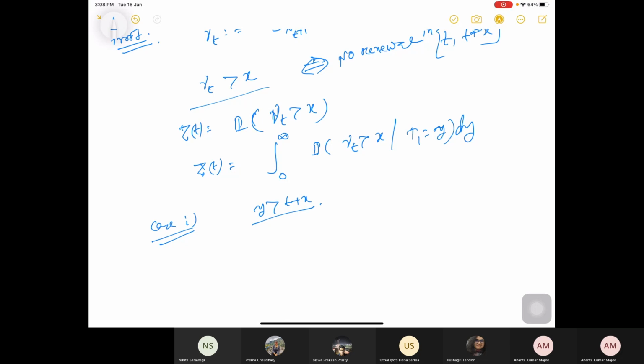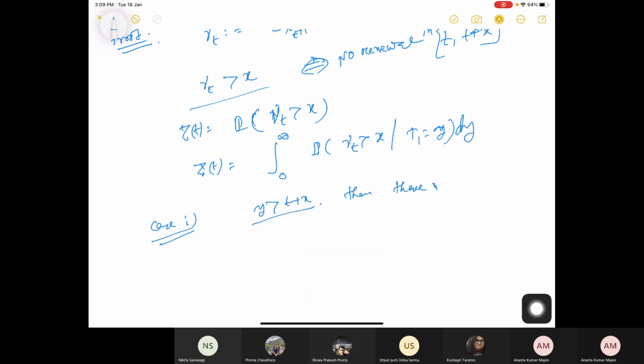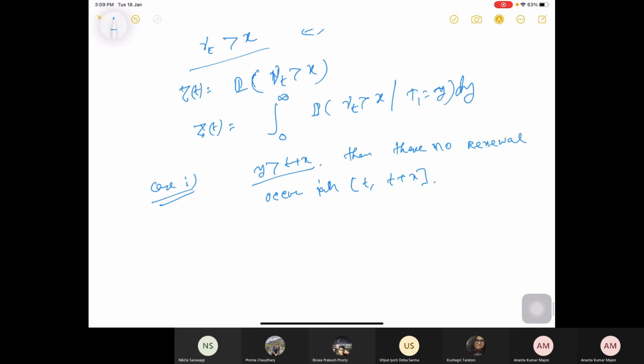So if y is greater than t plus x and T1 is equal to y, this is the first renewal at y, that means there is no renewal occurring in t to t plus x, is it not?